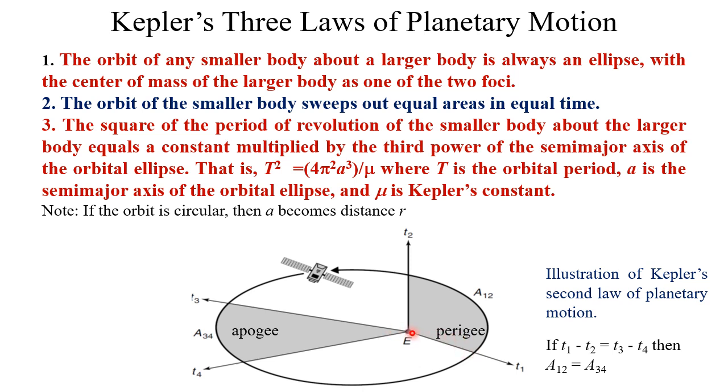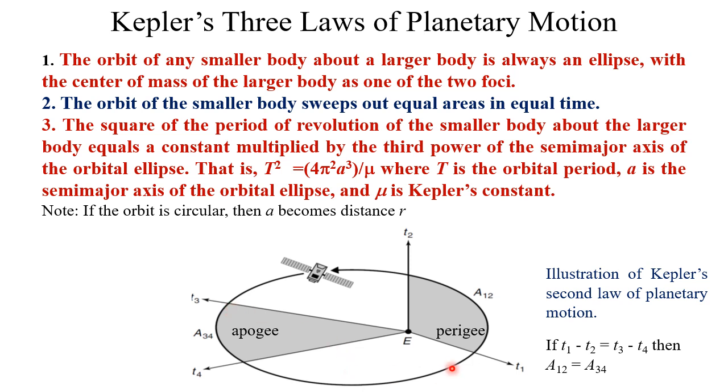The distance of the satellite from the larger body, that is Earth, governs the velocity of the satellite, right? Obviously, near this location the velocity will be higher, and near this location the velocity will be smaller.